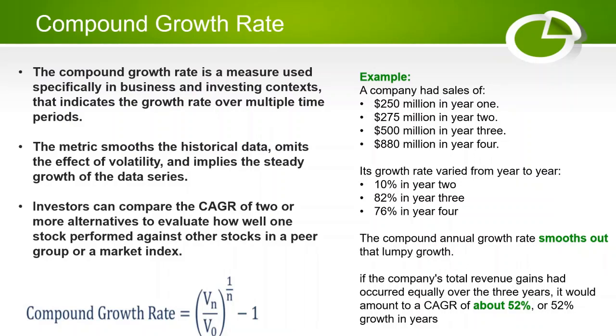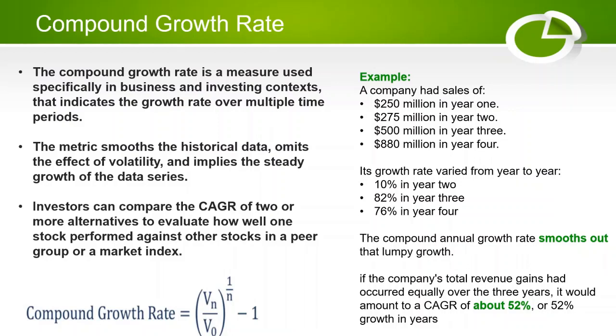So the percentage of sales growth is 10%. At the same time, in the third year, it is 500 million. That means 82% of sales growth from the previous year, and the last year it is 76% from the previous year.